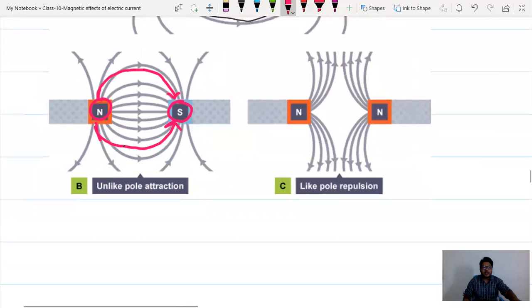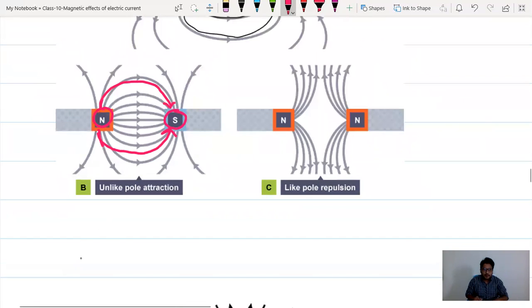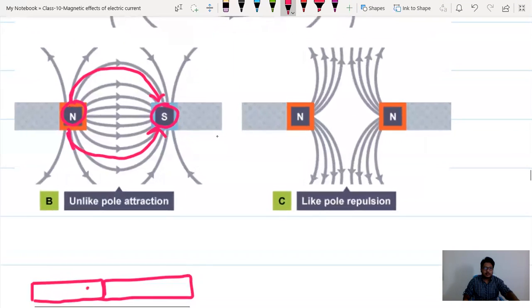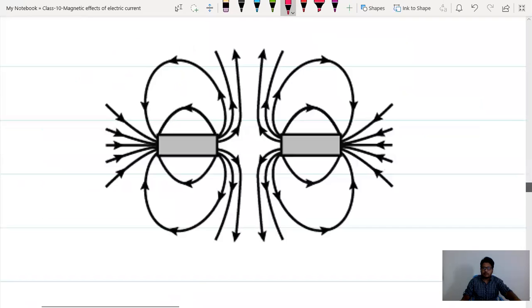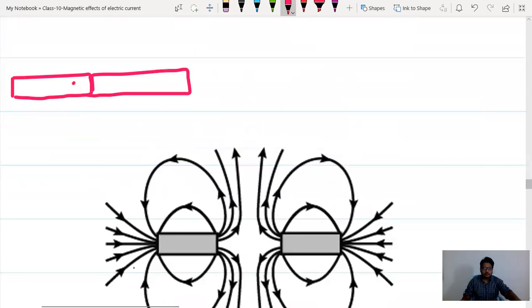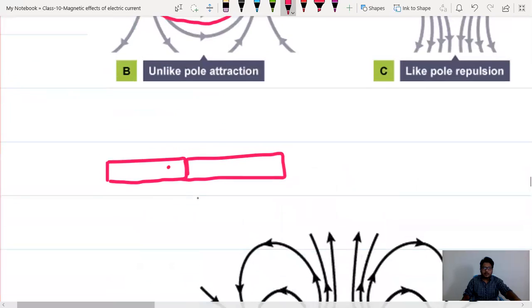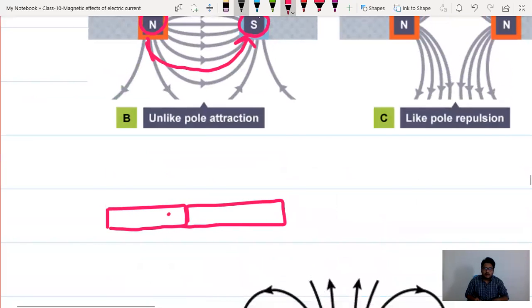And if two magnets, if it is attracting, what will happen? This is magnet and it is attracting to another magnet. You see same thing. This is north pole.